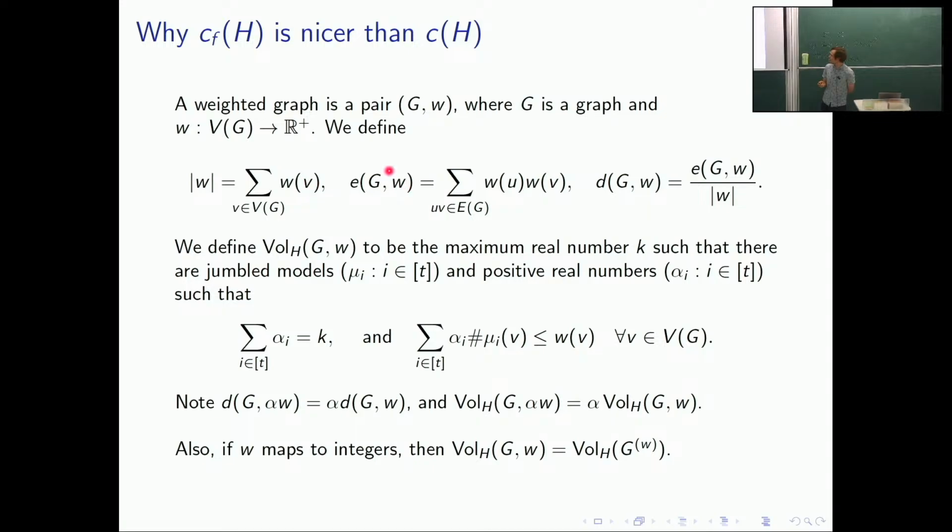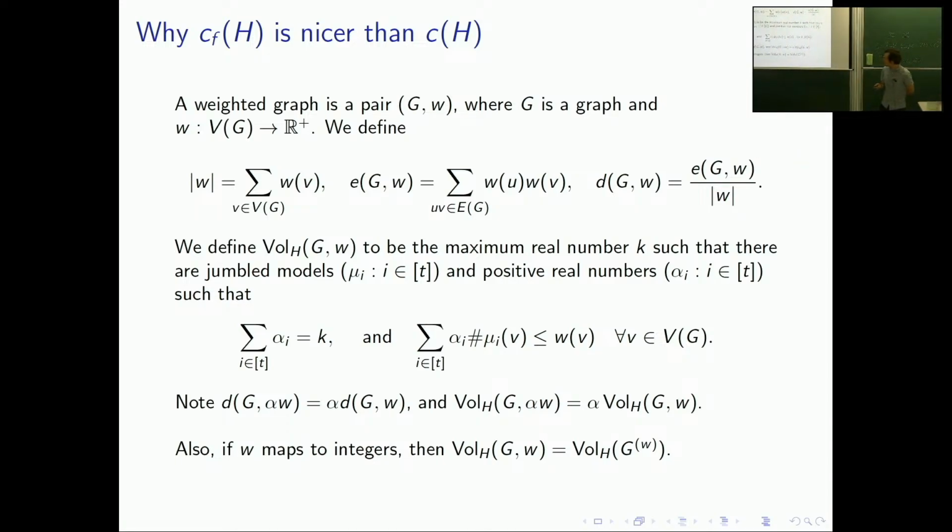Now, we define the density of the weighted graph so that it basically equals the density of that blow up. So each edge has weight equal to the product of the weights of its vertices, and then you sum them together to get the total edge weight of the weighted graph, and the density of the weighted graph is the total edge weight divided by the total vertex weight.